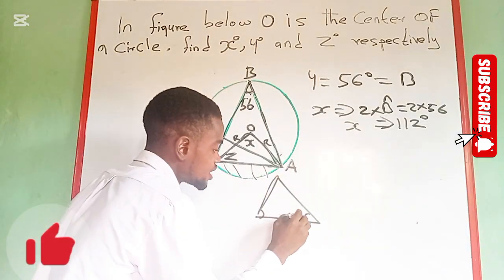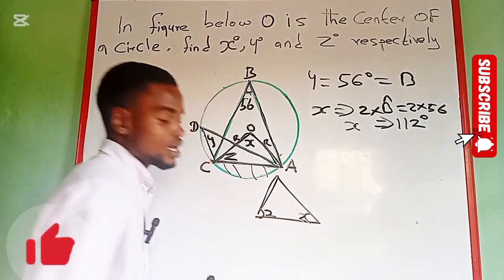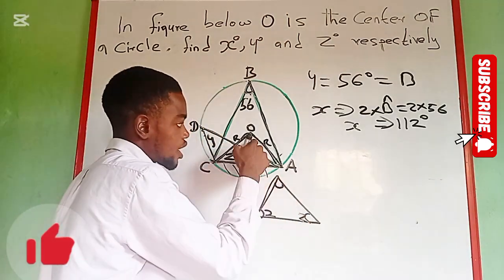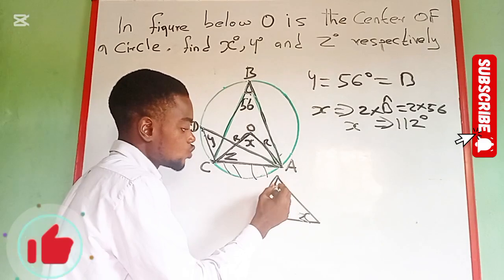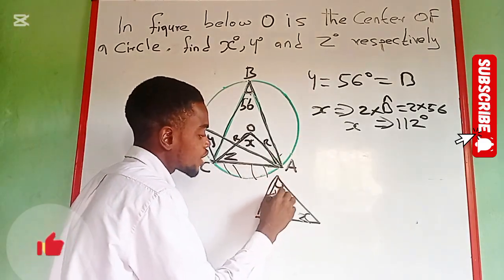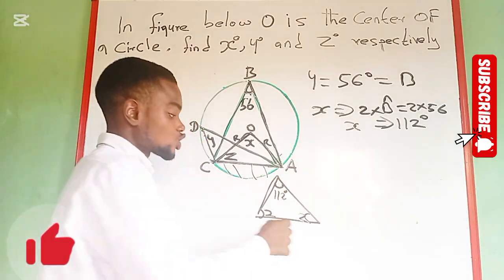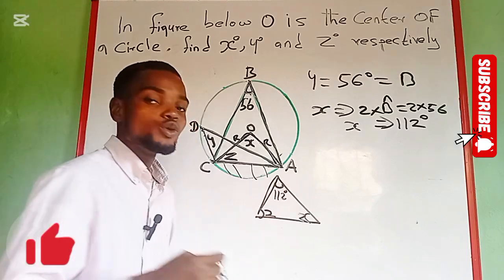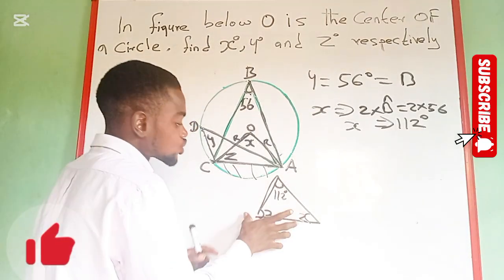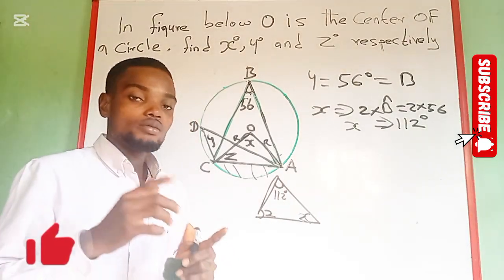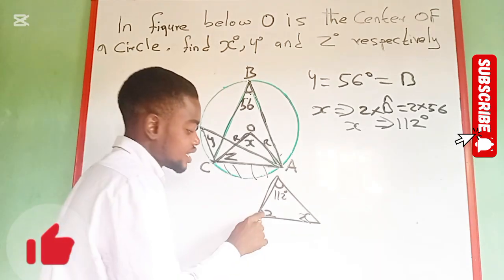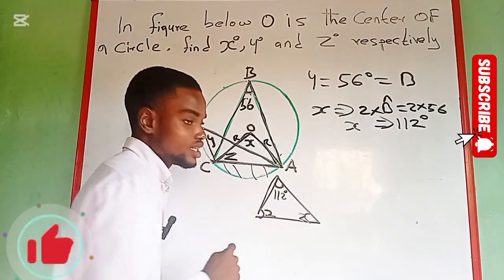Equal. So if here is S, here is going to be X. And now we have S here to be 112 degrees. Hence, the sum of angles in a triangle being 180, we can sum this up and subtract it from 180, then we can know what the value of Z is.